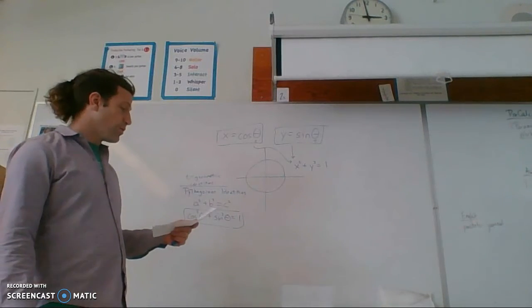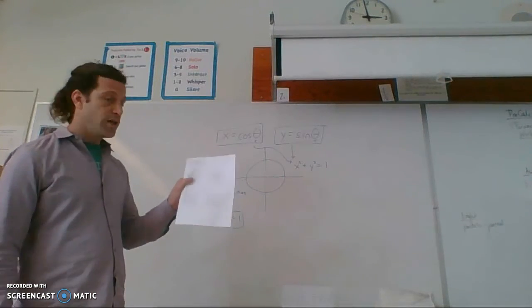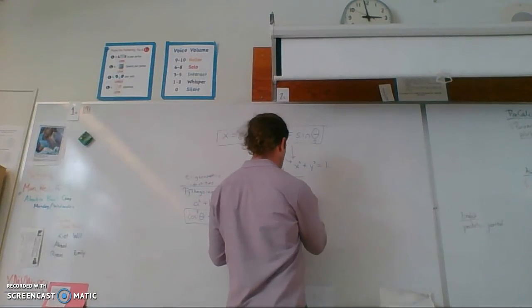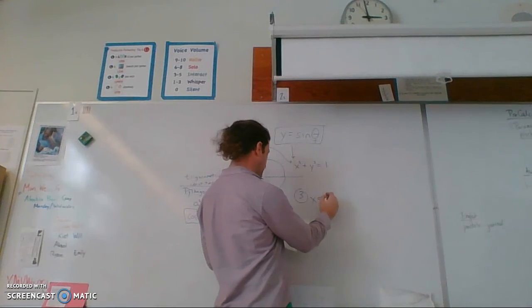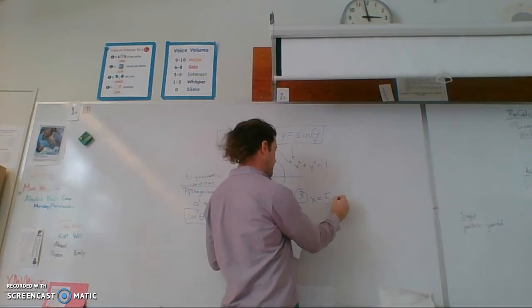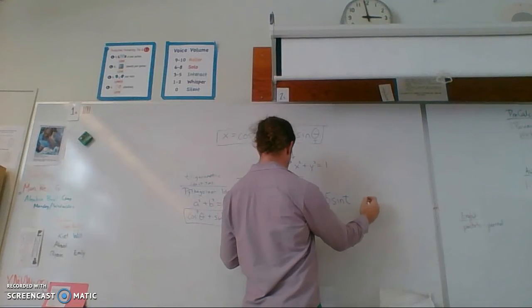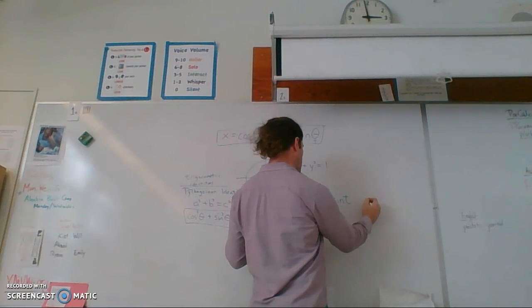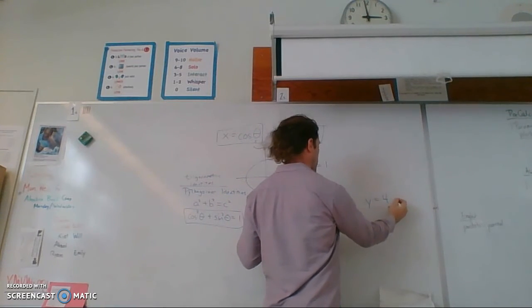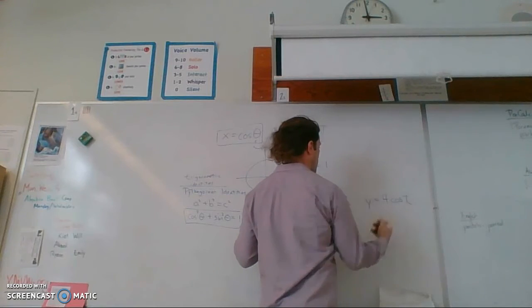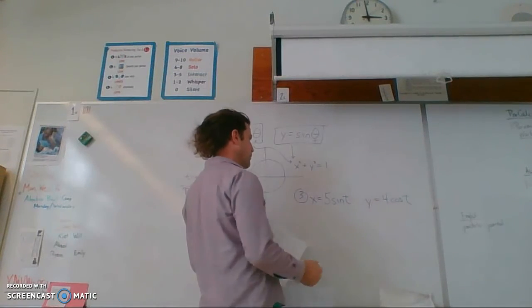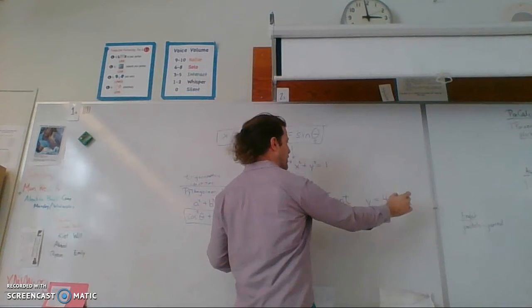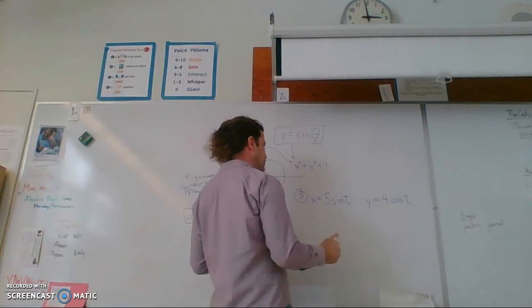So that will help you with a problem like on your worksheet number 3, which says you're supposed to draw the equation for these parametric equations, where x is 5 sine t and y equals 4 cosine t. And again, we know that sine squared t plus cosine squared t equals 1.